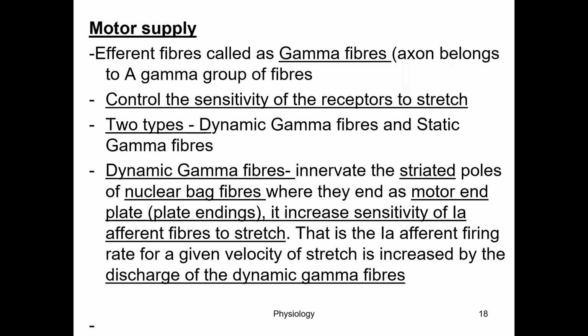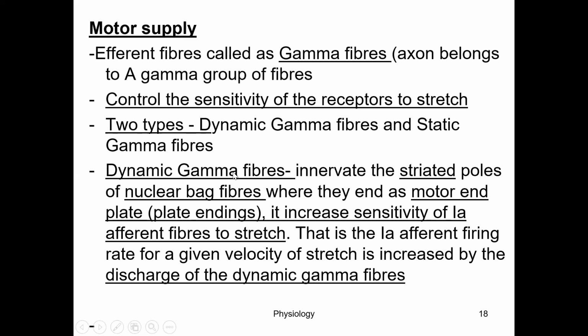As I have explained, dynamic means the response during the initial change in the muscle length, while static means the response throughout the change in the muscle length. So there are two types, dynamic gamma fiber and static gamma fiber. Dynamic gamma fibers innervate the striated poles of the nuclear bag fiber. As you know, the dynamic response is given by the nuclear bag fiber, while the static response is given by the nuclear chain fiber.